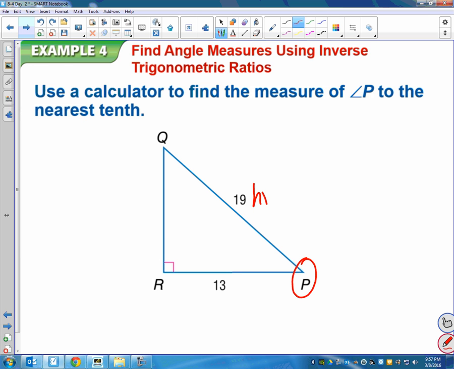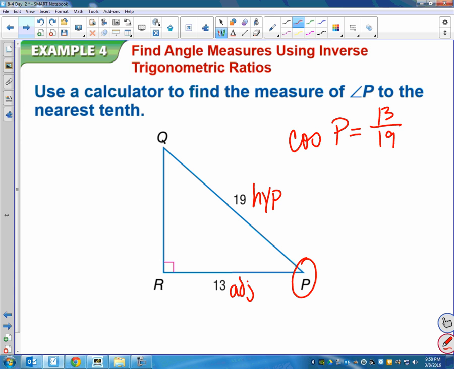Well, I know 19 is the hypotenuse, so I definitely don't want tangent. How does 13 relate to angle P? It's not the opposite, right? Because the opposite would be over here. So it's the adjacent. Just like yesterday's homework, we can set up that the cosine of P equals adjacent, which is 13, over hypotenuse, which is 19.